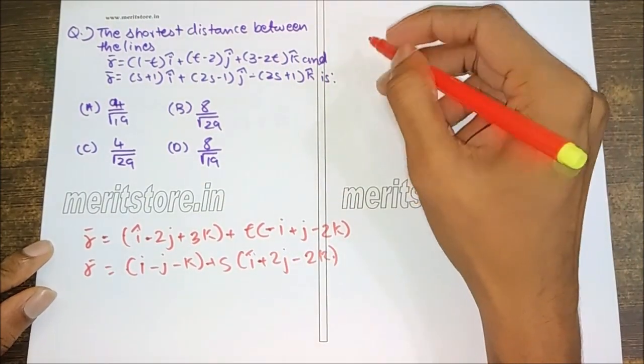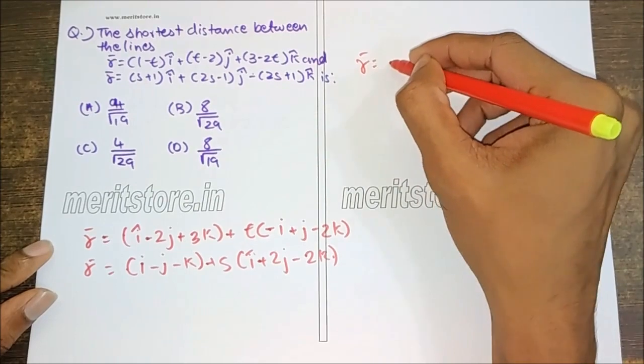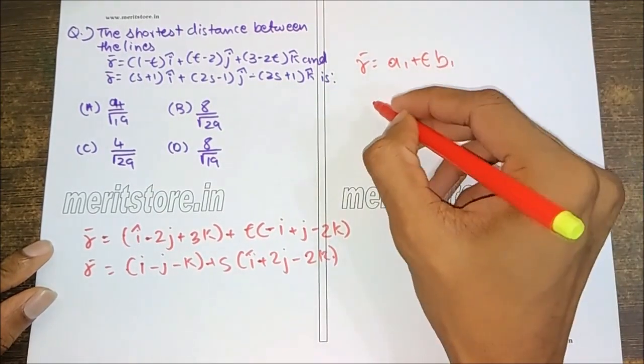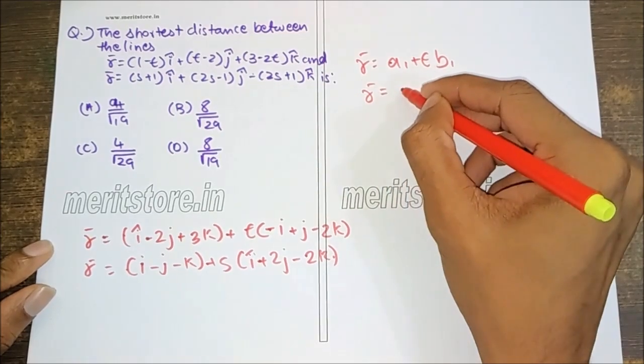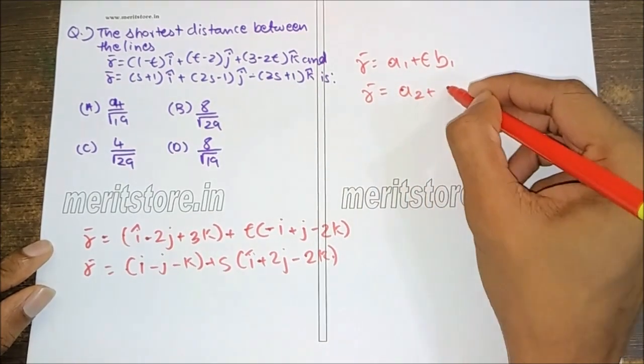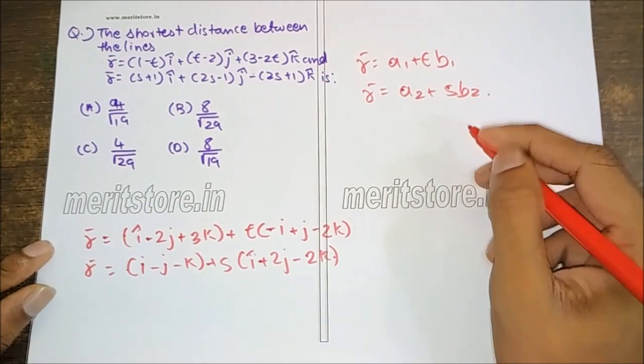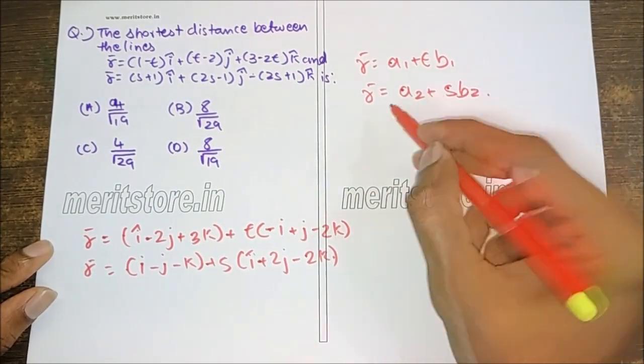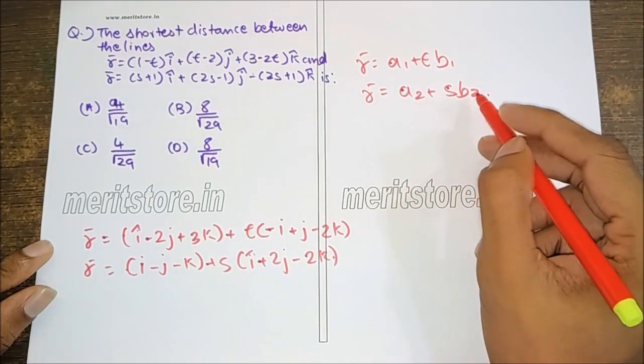Comparing both, we get r is equal to a1 plus t b1, r is equal to a2 plus s b2. We compare with r equal to a1 plus t b1 and r equal to a2 plus s b2.